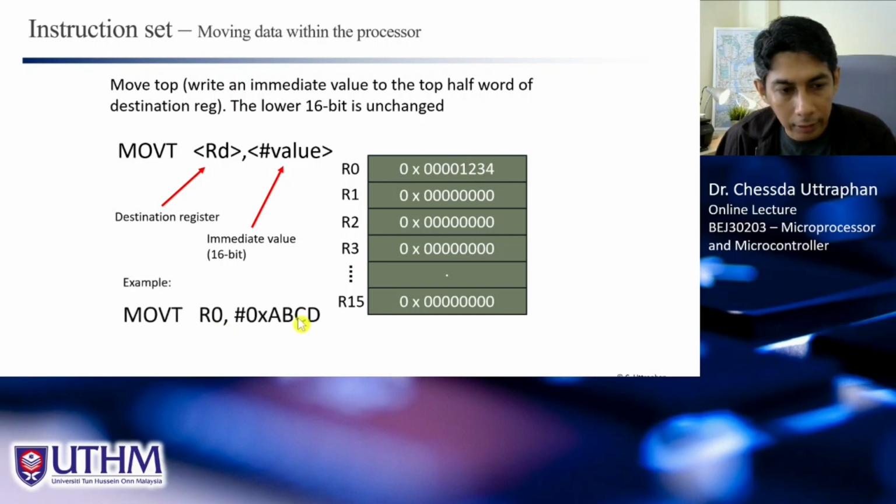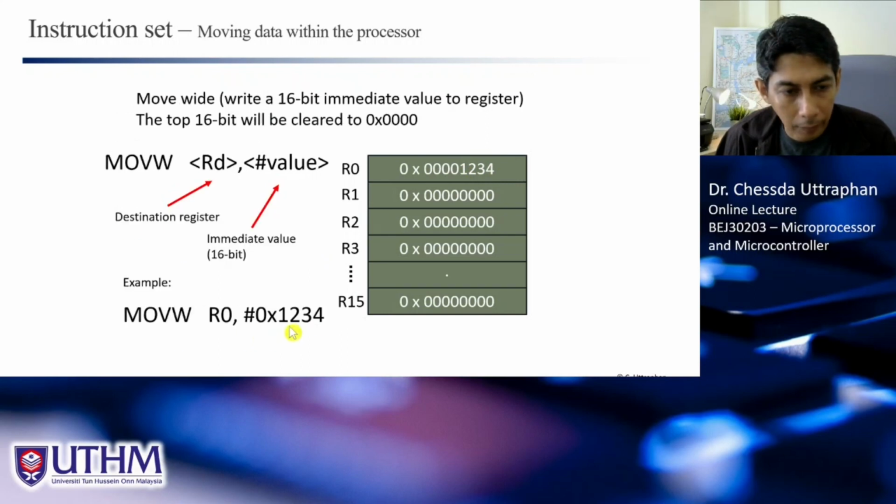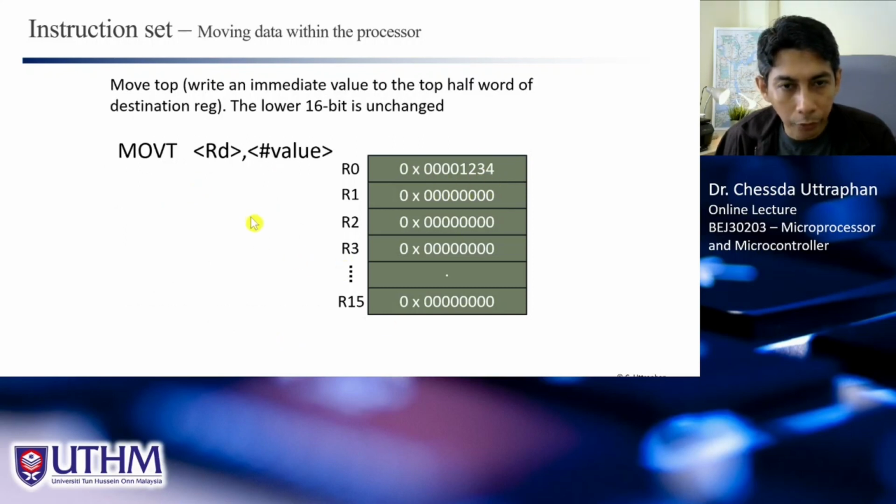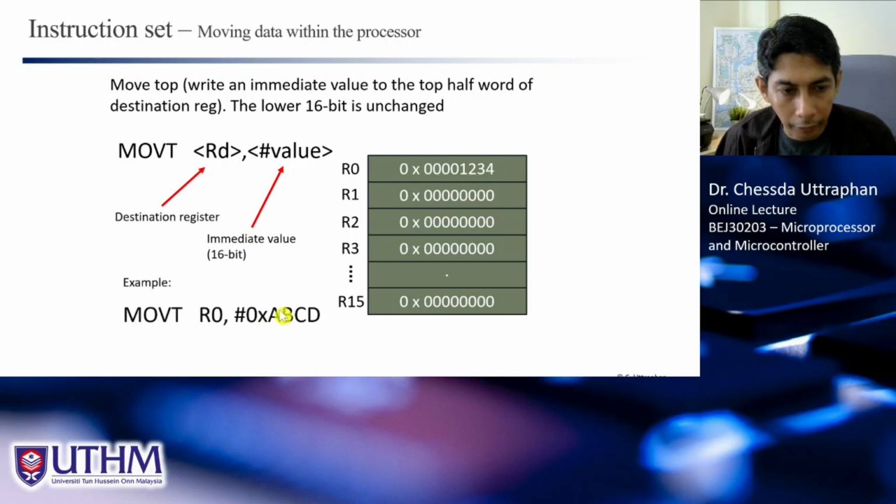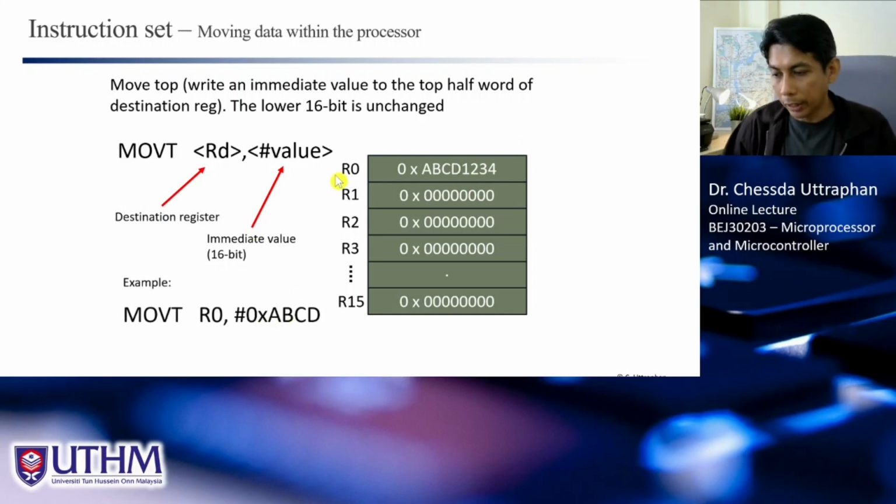For example, this, we will have 1234 in R0. And when we move top, we will have another 16-bit in R0. So that is the way to have a 32-bit number in the register.